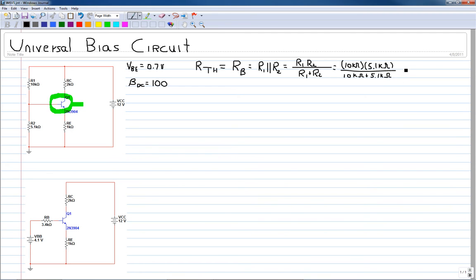Substituting this in and rounding off gives us a value for RB of 3.4k ohms.